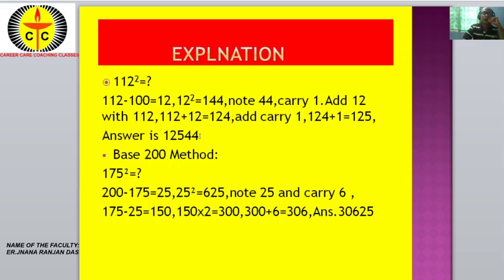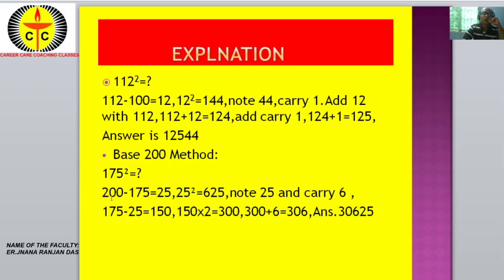Similarly, in the 200 base method, the range of numbers whose square we can find is within 50, so we can find the square of numbers from 175 to 225. For example, take one number, that is 175.